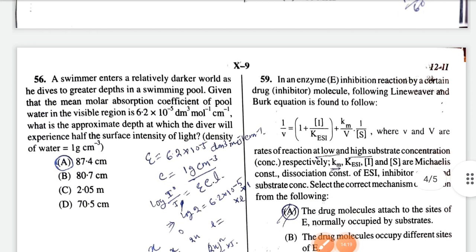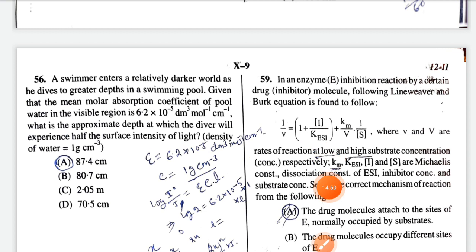Next, a swimmer enters a relatively darker world as he dives to greater depth in a swimming pool. Given that the mean molar absorption coefficient of pool water in the visible region is 6.2 into 10 to the power minus 5 dm cube mole inverse per centimeter, what is the approximate depth at which the diver will experience half the surface intensity of light?